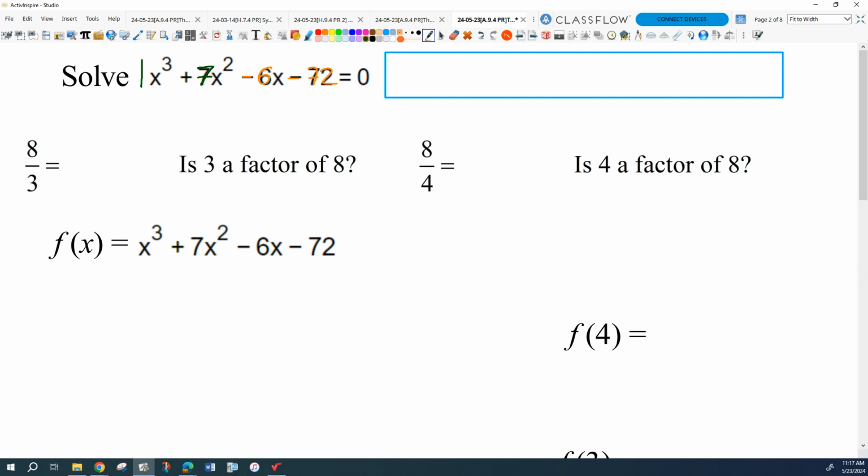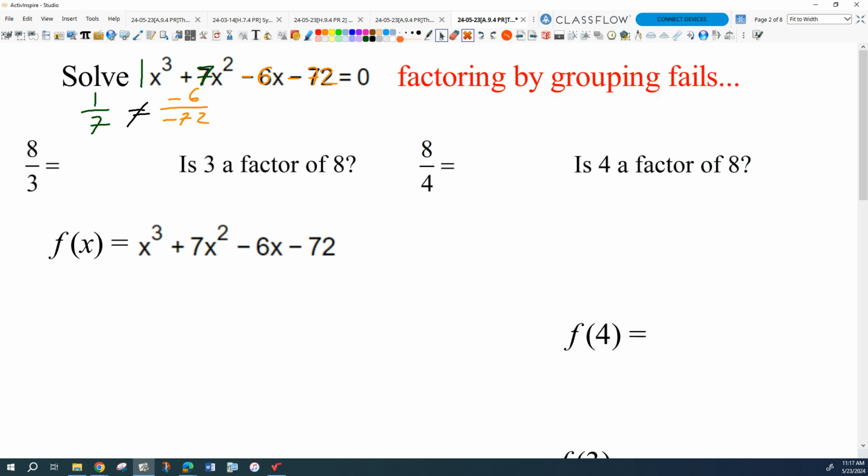Well, that's a problem because 1/7 is not equal to negative 6 over negative 72. So don't waste your time. Grouping won't work. It's just going to fail. It's just going to be a waste of time.